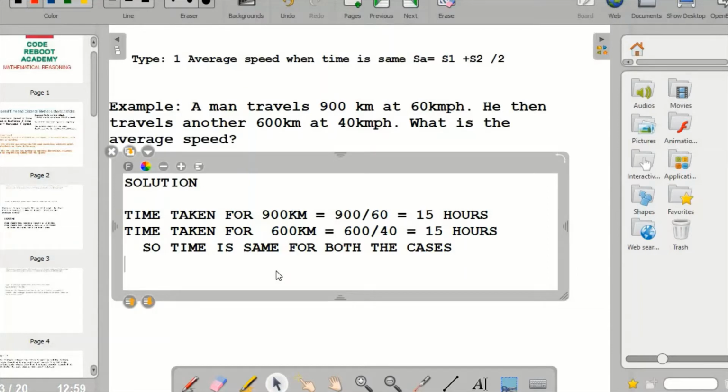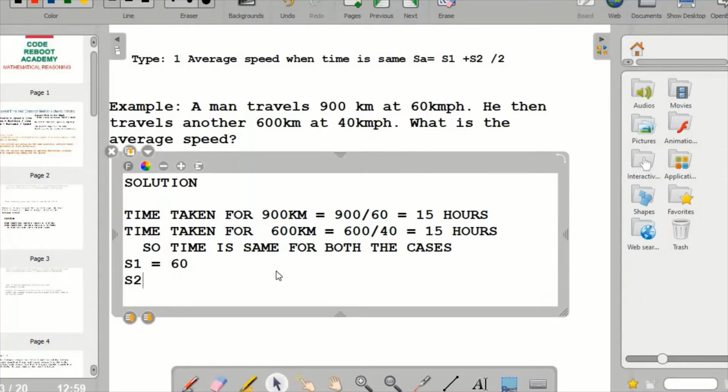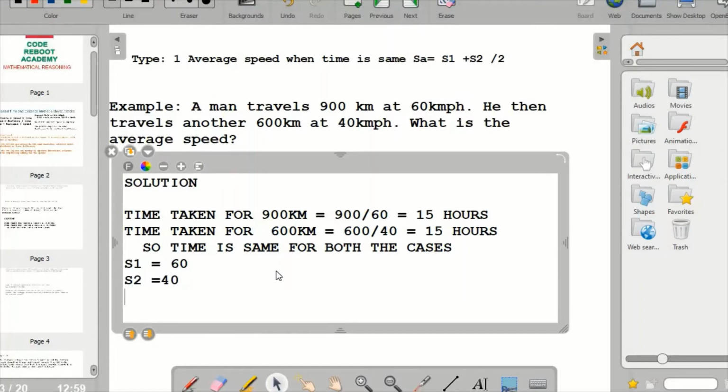As I said earlier, we have the two traveling speeds of a person. So S1 is 60 and S2 is 40. So we have to calculate the average speed.